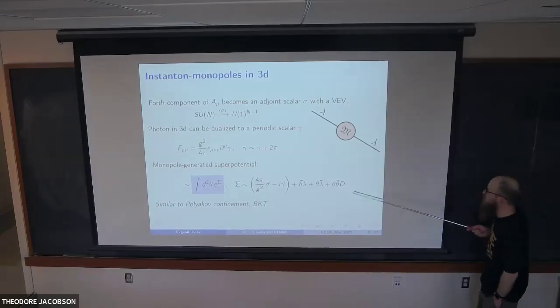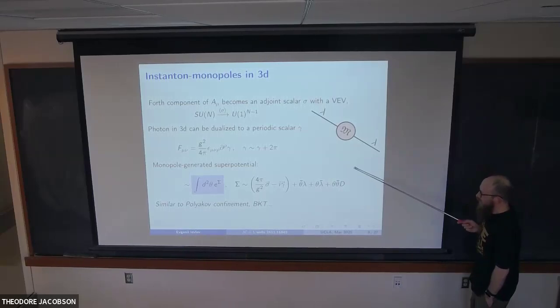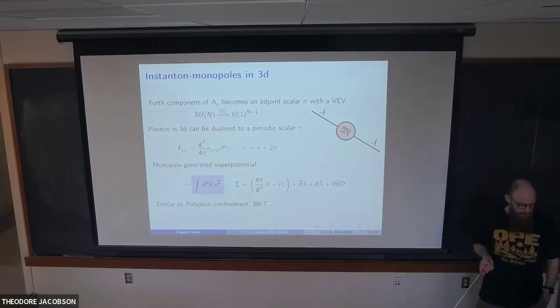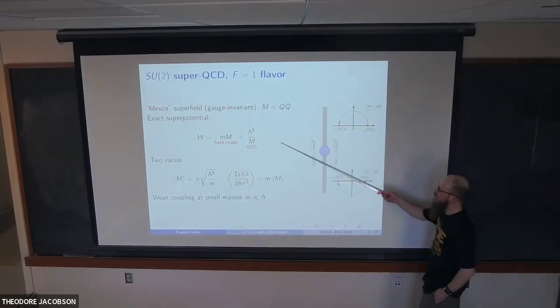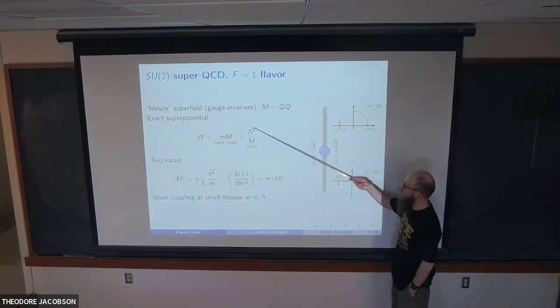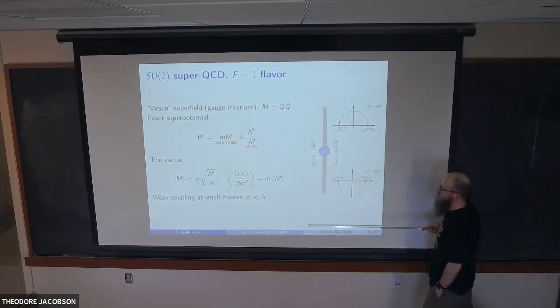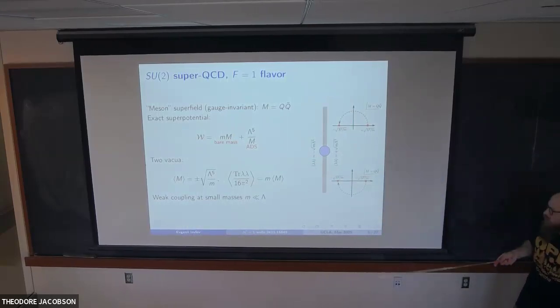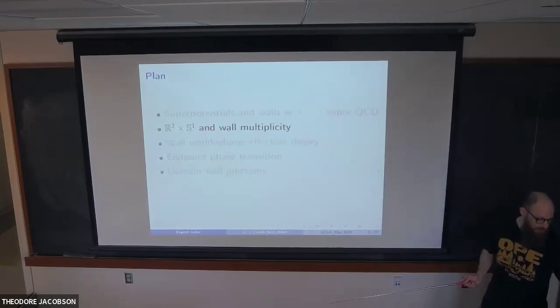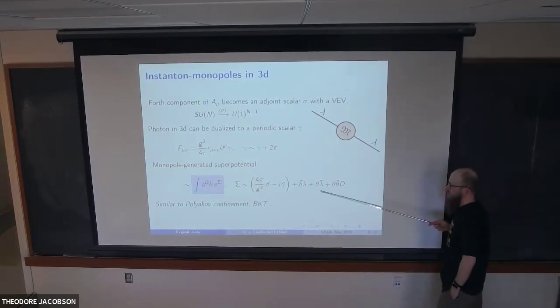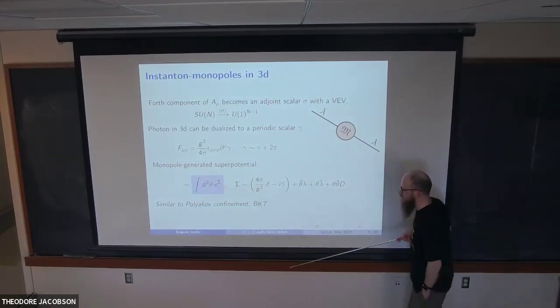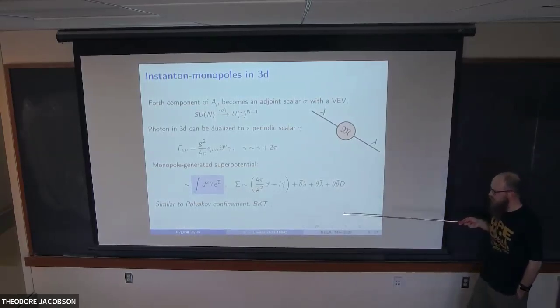So they're called monopole instantons. And in the same way that here quantum corrections lead to quantum corrections to the superpotential, here monopole corrections also lead to another superpotential.